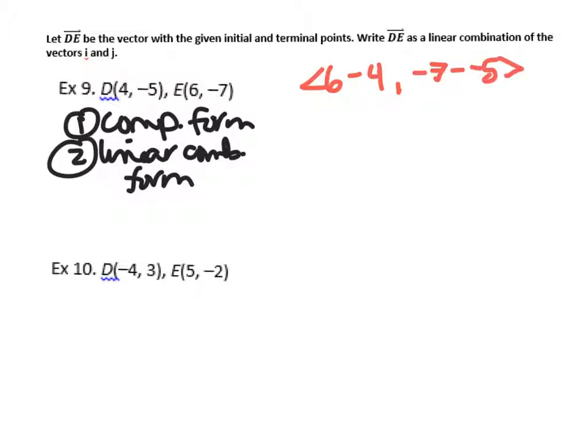Your initial is the D, your terminal is the E. So that's 2 comma, negative 7 plus 5 gives me negative 2. And so in component form, that's 2, negative 2. In linear combination form, that's 2i minus 2j.